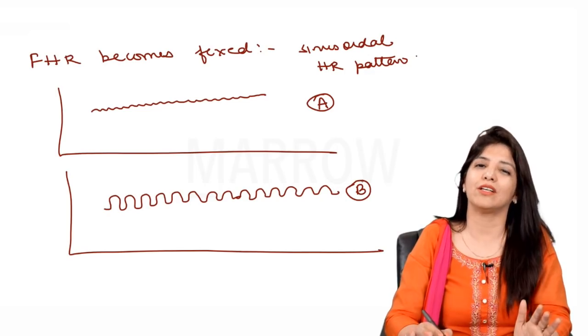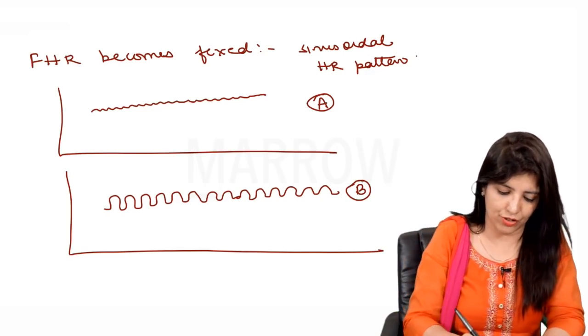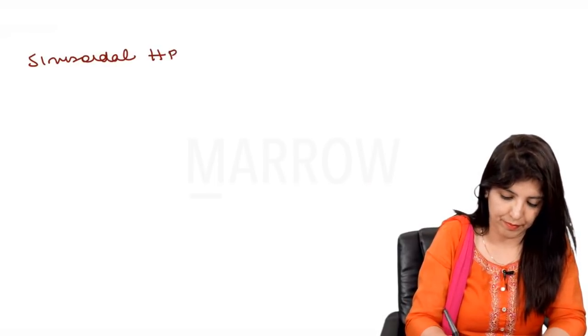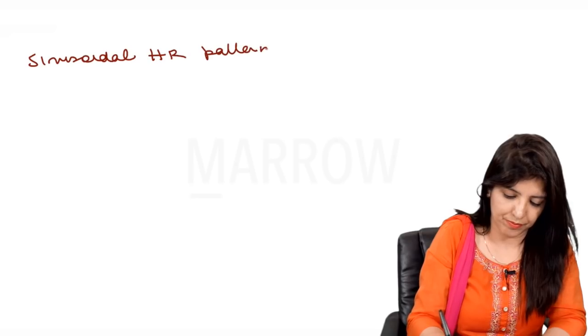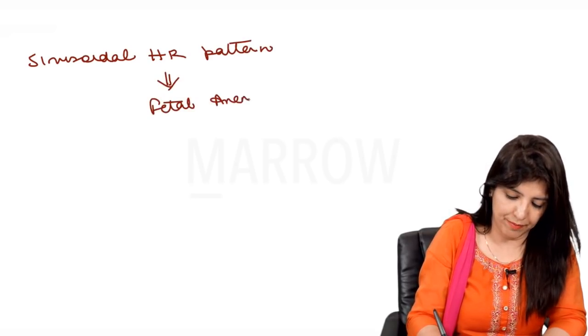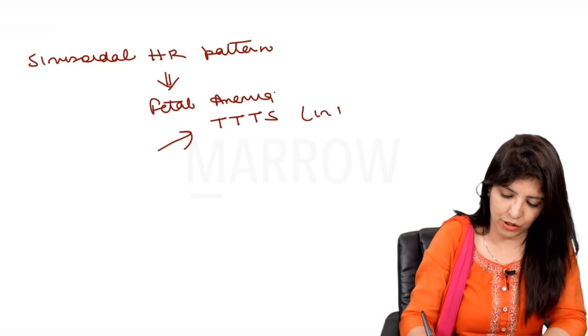Sinusoidal heart rate pattern is a very ominous finding. Why? Because it indicates that there is fetal anemia. And you can get fetal anemia if there is twin-to-twin transfusion syndrome in the donor twin, right?